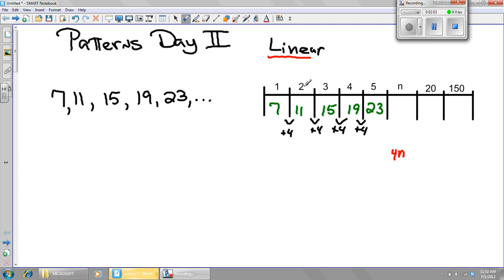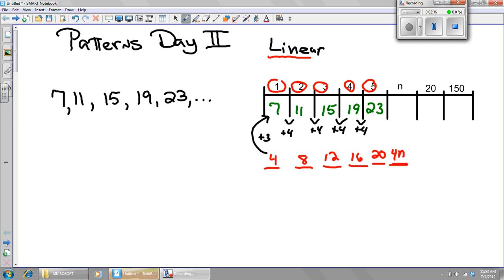4n. So now I'll take these numbers, 1, 2, 3, 4, and 5, and stick them in for n in this formula. And I'll write them below the 1, 2, 3, 4, and 5. So 1 times 4 is 4, then we get 8, 12, 16, and 20. And now I'm going to compare. I'm going to ask myself, what do I do to turn 4 into 7?